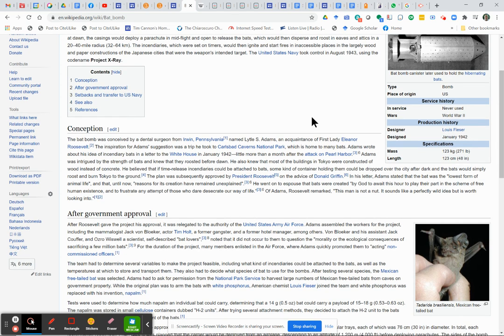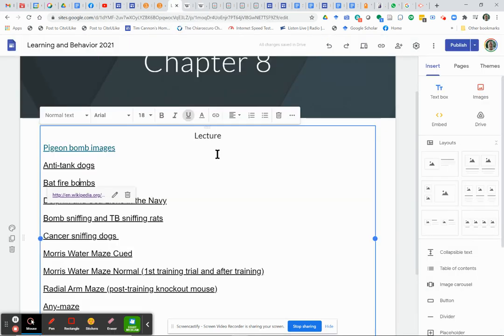If you release bats in the daytime, they don't like that often, so they go and look for a place to roost. The plan was they would go under the eaves of Japanese homes, and then later that night, the incendiary device would go off, and we would burn a bunch of people. That came closer than the pigeon bombs, but it still was not used.